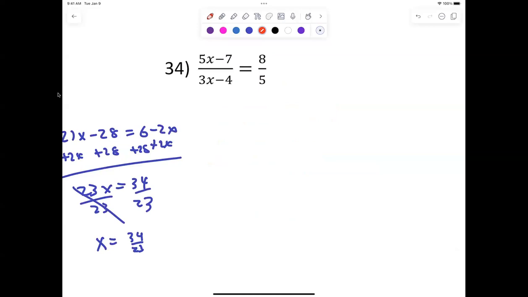Another proportion. All right, again, for our proportions, multiplying these two things together, multiplying these two things together.